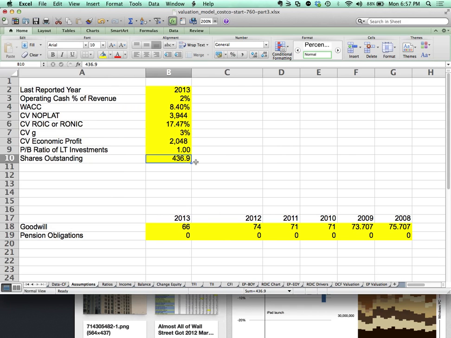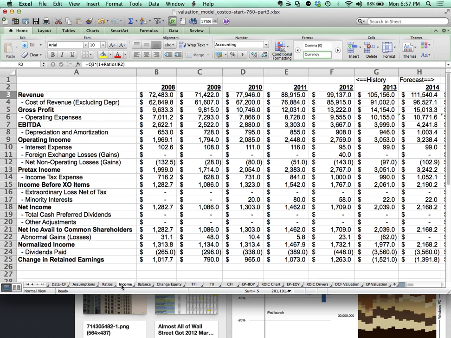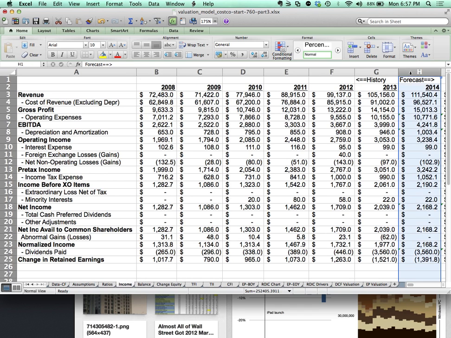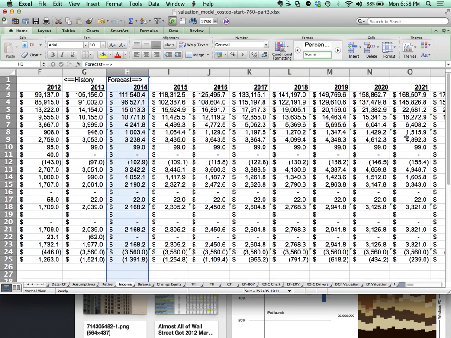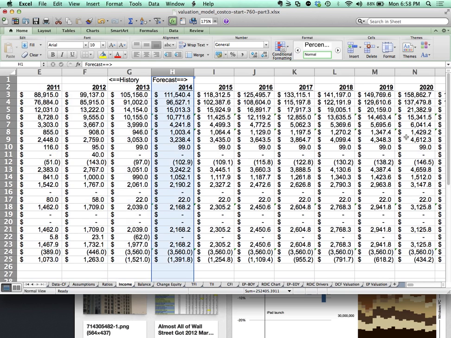Next, if I go back to my income statement, which we had forecasted, the first forecast year is 2014. What we want to do is forecast 10 years, and then figure out the continuing value period. Well, first I want to talk about the first 10 years.